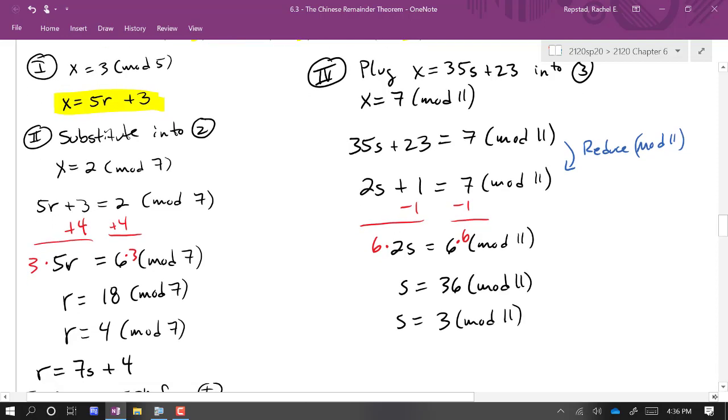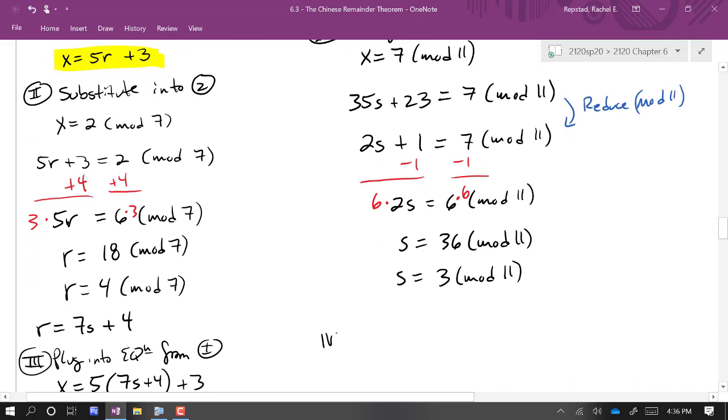Okay, now we're almost done. Step 5 here is that we now roll this into our expression for x. So I guess the last thing is, if s is 3 mod 11, that means it's 3 more than a multiple of 11. So s is 11t plus 3.